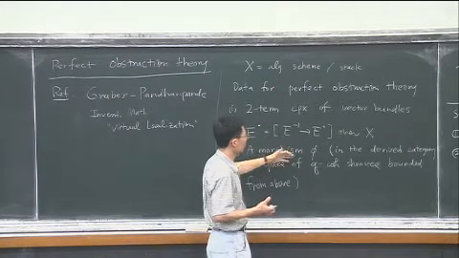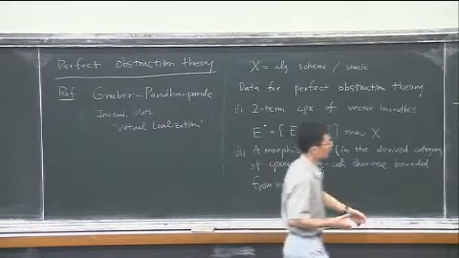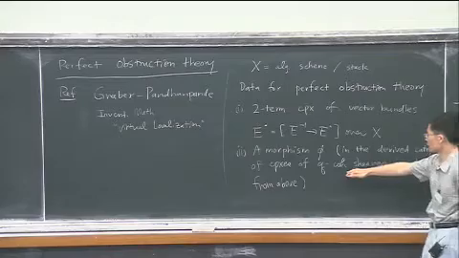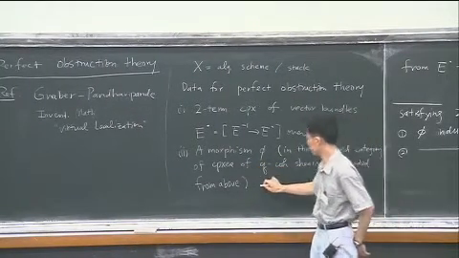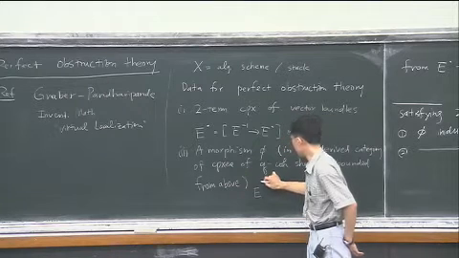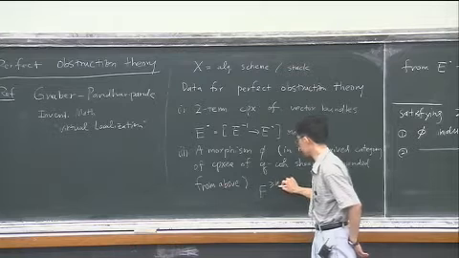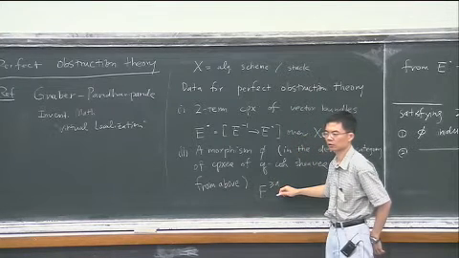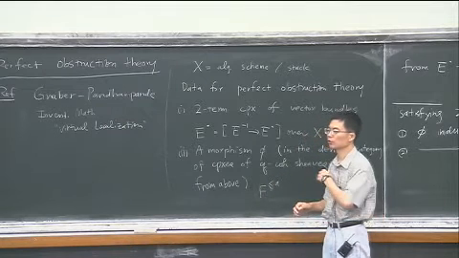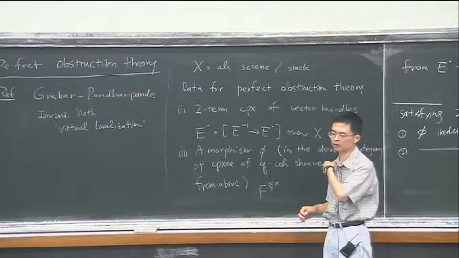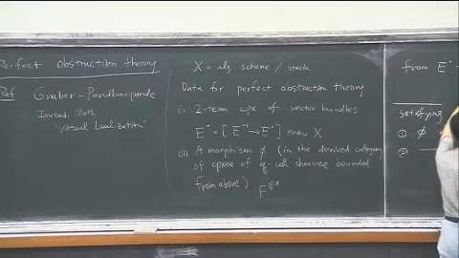And then a morphism in the derived category, which is the category of complexes of coherent sheaves bounded from above. That means if you have any complex F, then it is zero above a certain degree, less than or equal to a certain number. So it could go to negative infinity, but cannot go to positive infinity. Make sense? That's where the cotangent complex lives.